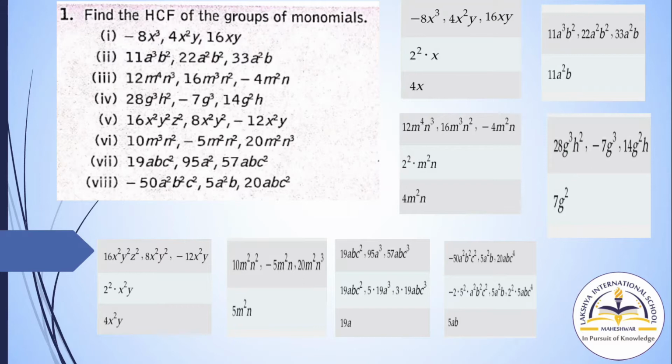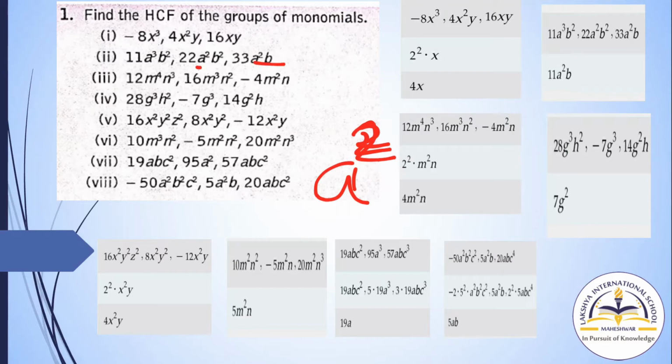Now question number 2, 11a cube b square, 22a square b square, 33a square b square. Now you can see here in three monomials a square is common in all the three, so a square will be in the answer. Now we will check for b.